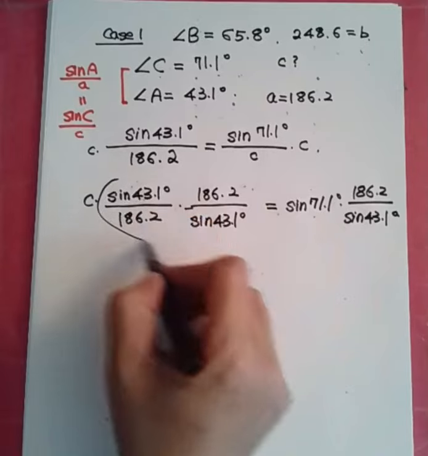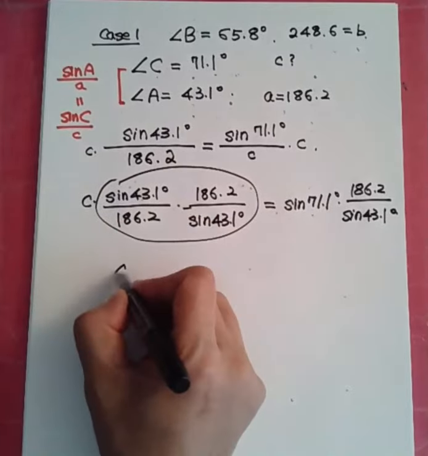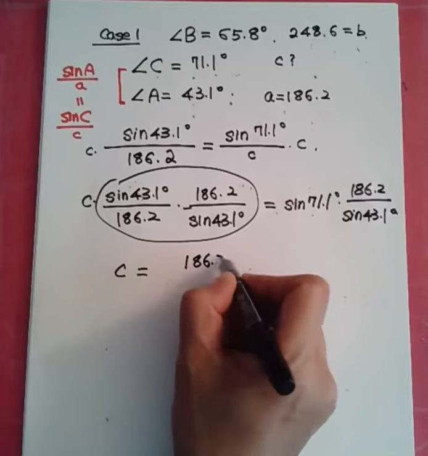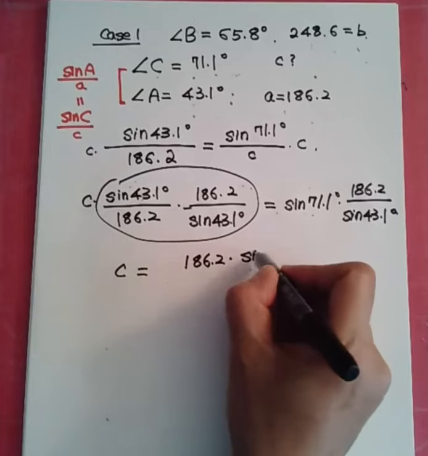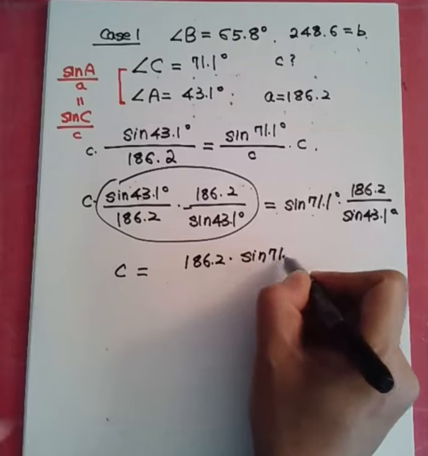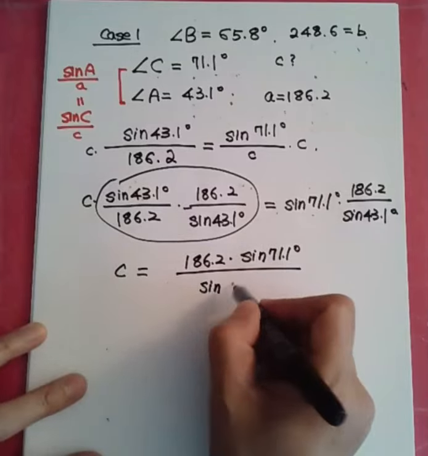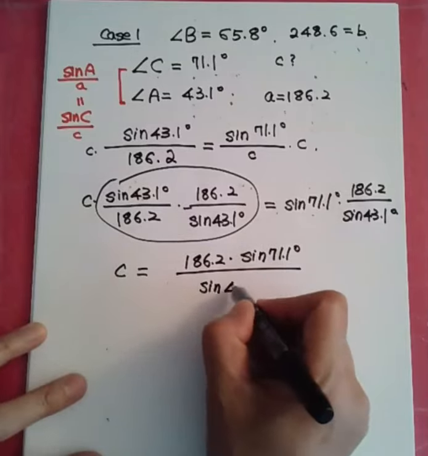So the two will cancel each other. So C equals 186.2 times sine of 71.1 degree over sine of 43.1 degree.